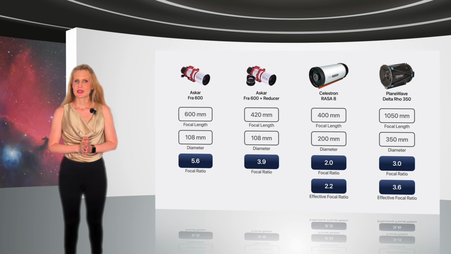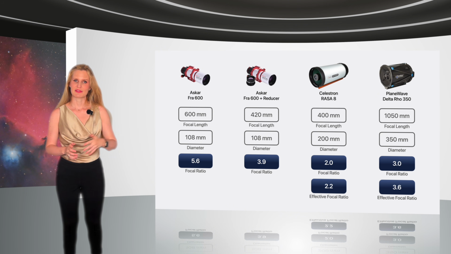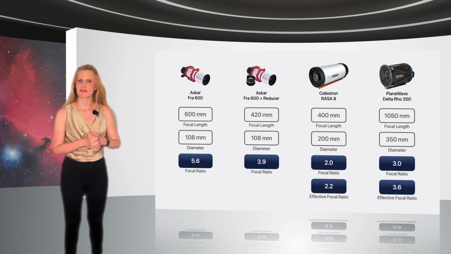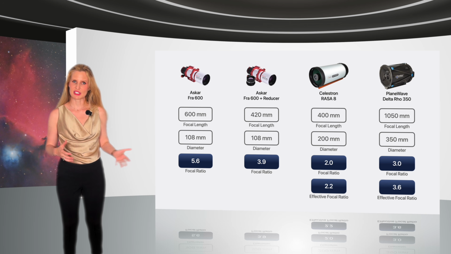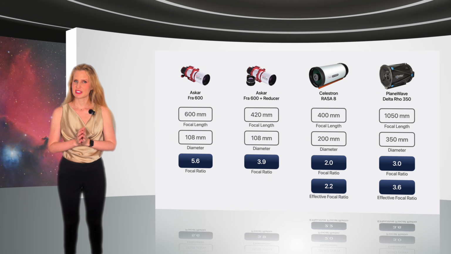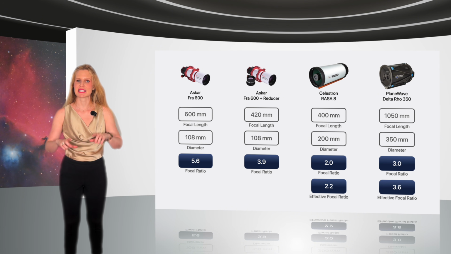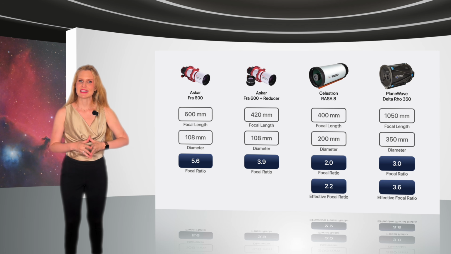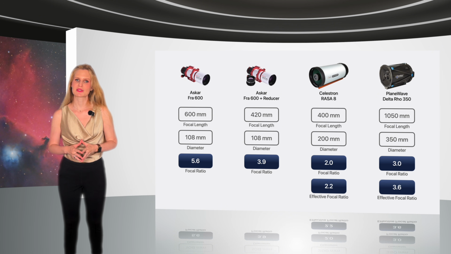Now, compare that to something like the PlaneWave Delta Rho, another well-known astrograph that advertises a fast f3 focal ratio. However, if you've seen one, you'll know that it has a massive central obstruction. Once accounted for, the effective focal ratio drops to f3.6, a much more substantial difference that impacts overall imaging speed.